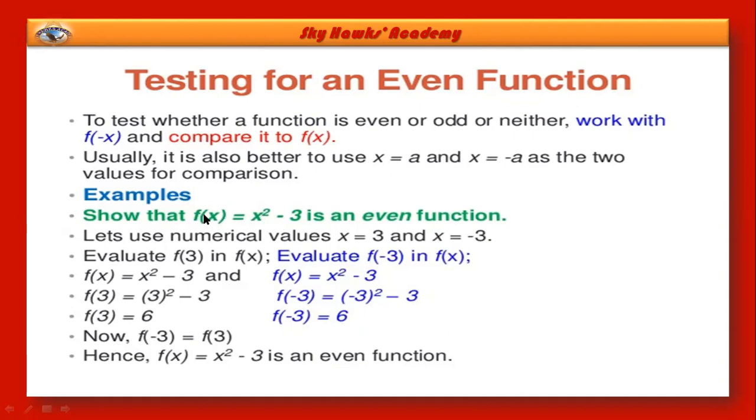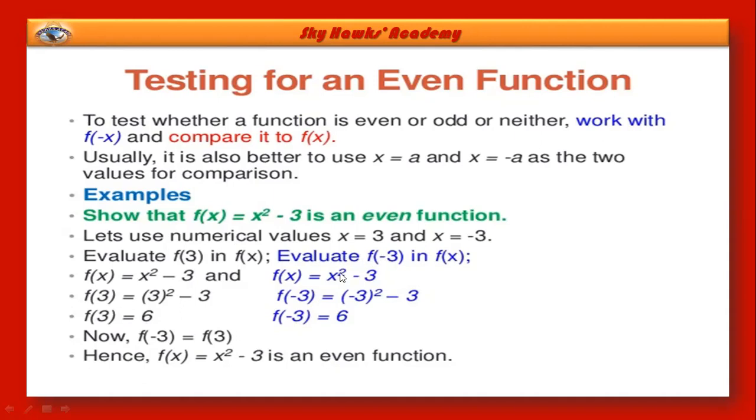Because a function is given, the equation is given, what you will have to do is put the negative and the positive values. And if you are getting the same, you can see these blue lines on the right. These are describing all the way when you are putting the negative values.